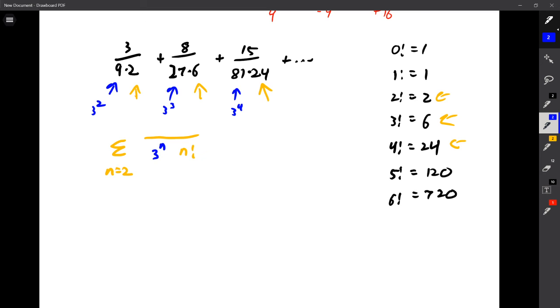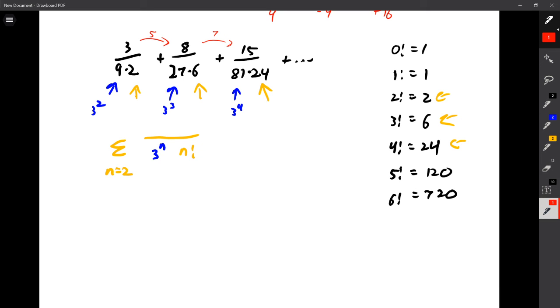Then how about this numerator? I jumped to what I'm pretty sure it is, but let me look at this first. So 3 to 8, we're going up 5, right? 8 to 15, we're going up 7.